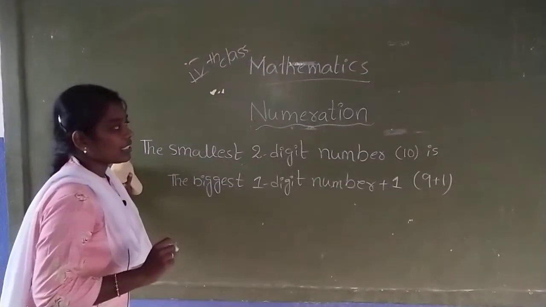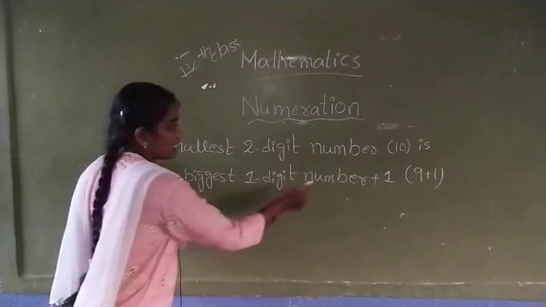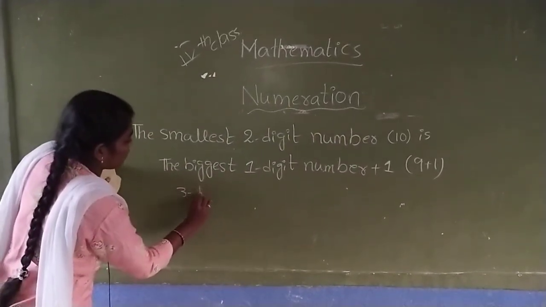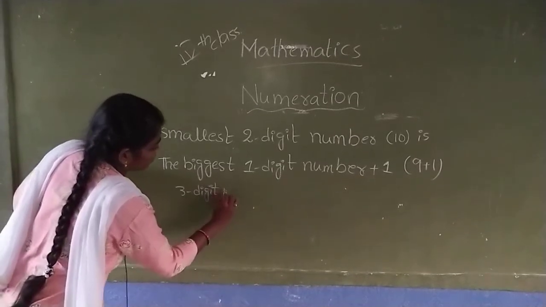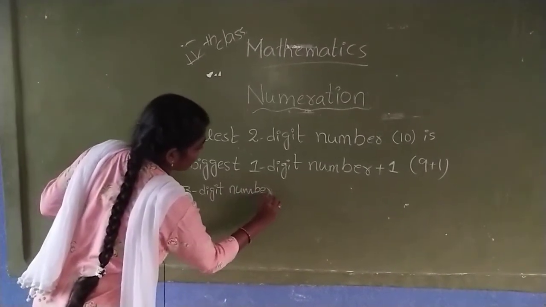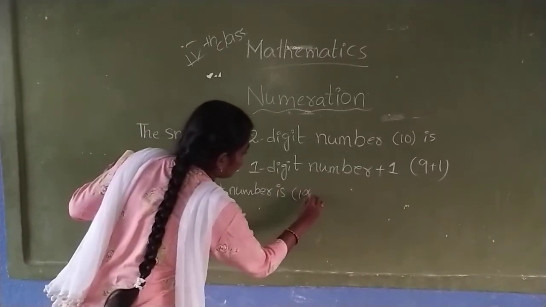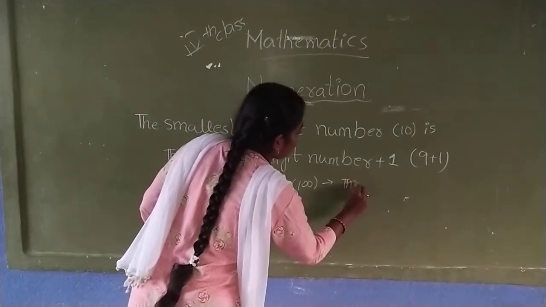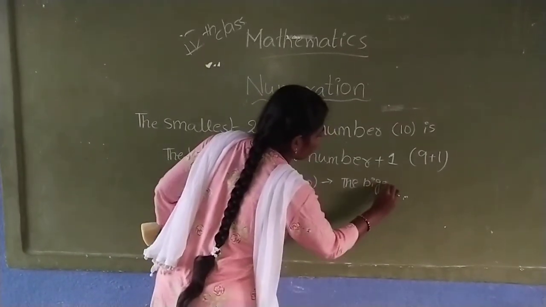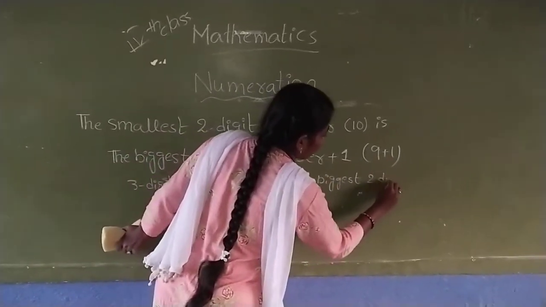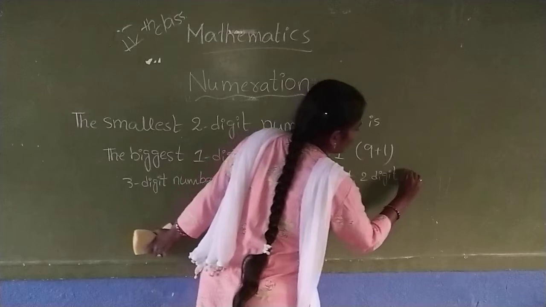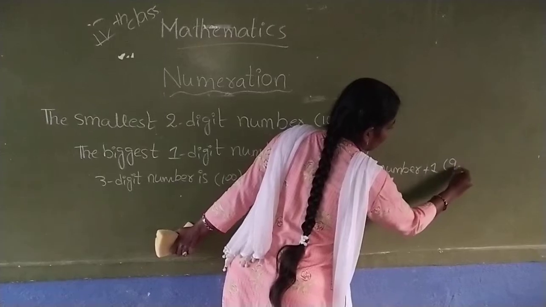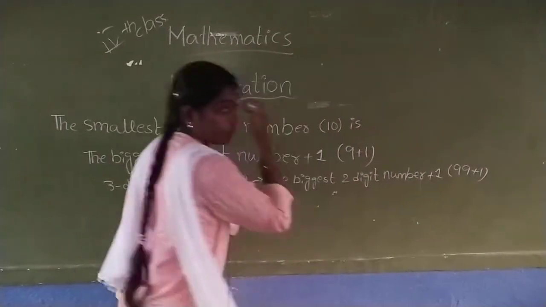The smallest 2 digit number is the biggest 1 digit number plus 1. In the same way, the smallest 3 digit number is the biggest 2 digit number plus 1, that is 99 plus 1.